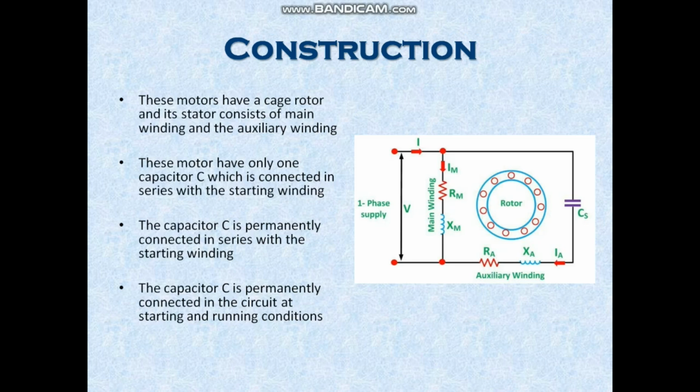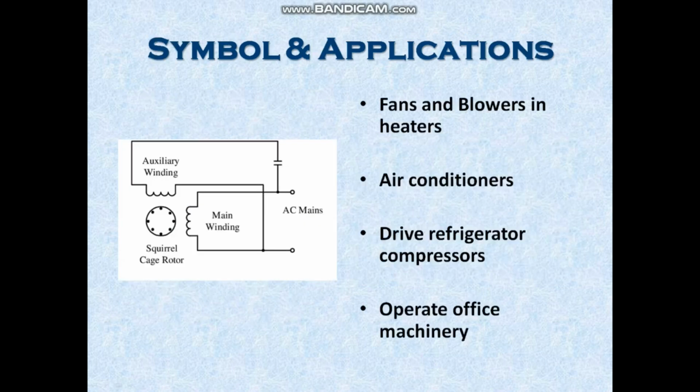The capacitor is permanently connected in circuit at starting and running conditions. The symbol used to represent the split-phase squirrel cage induction motor capacitor run type is shown in the figure.